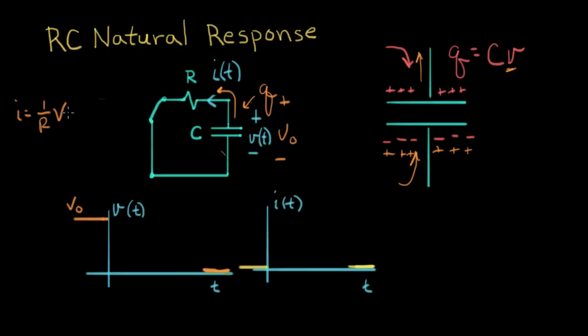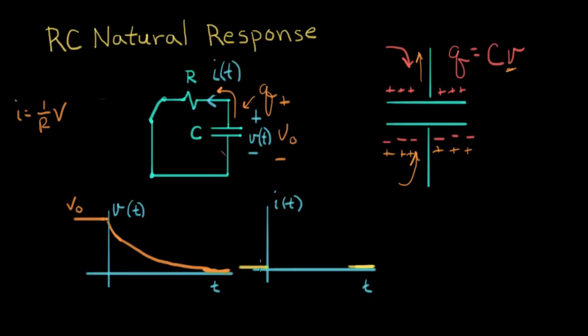And as V goes down, as we use up our charge, the current's going to go down. So I can sort of guess what's going to happen here. It's going to basically come down and end up somehow at 0 after a while. Now, we don't know how long it's going to take yet, but it's going to have some shape like this.